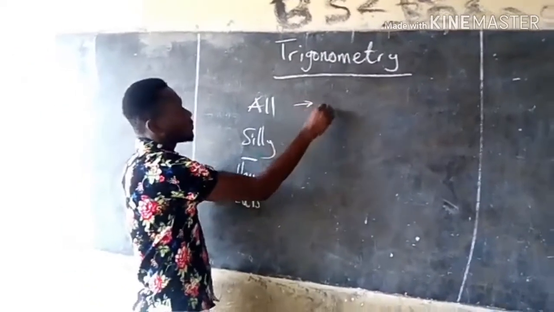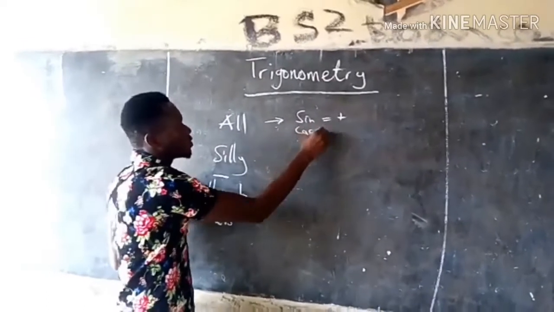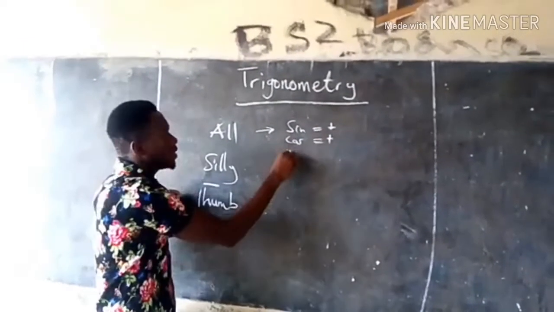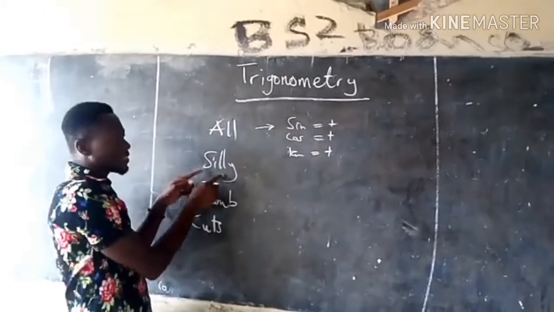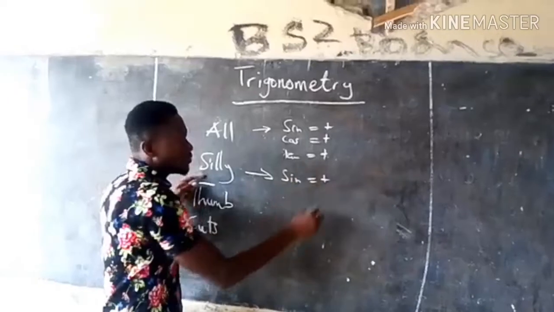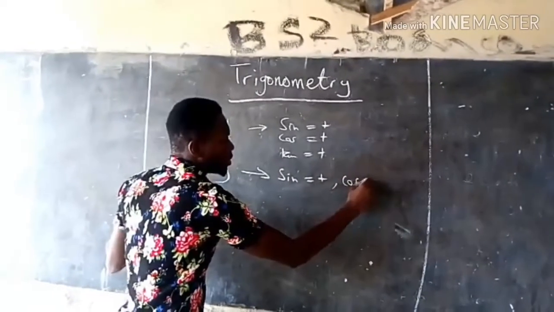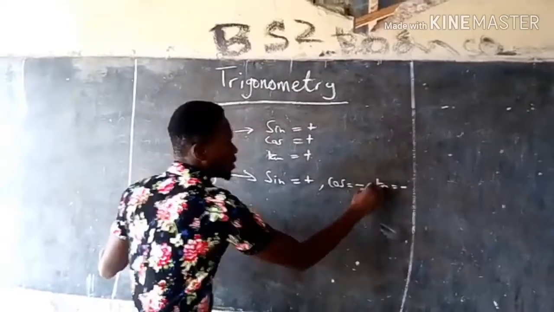So here we have sine being positive, cos being positive, and tan also giving us positive value. In the second quadrant, it's only sine that is positive, cos will be negative, and tan will also be negative.